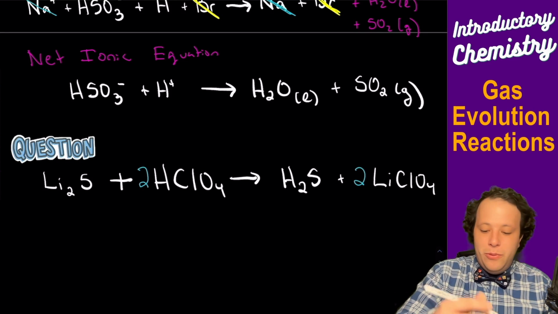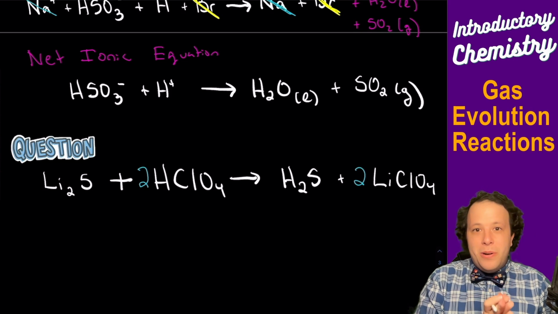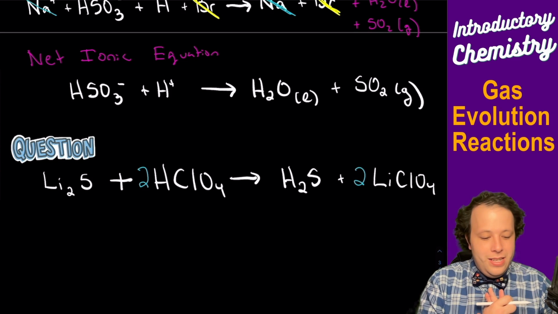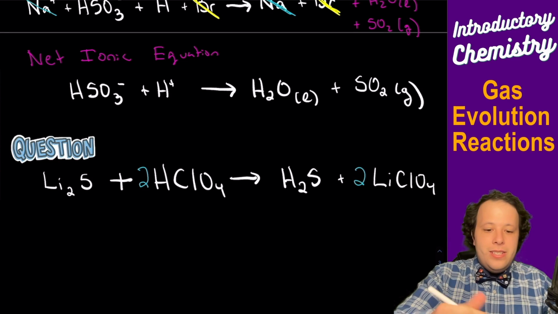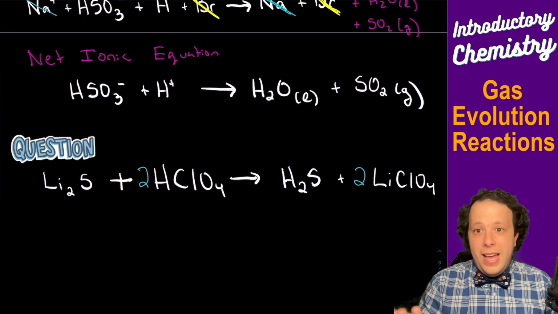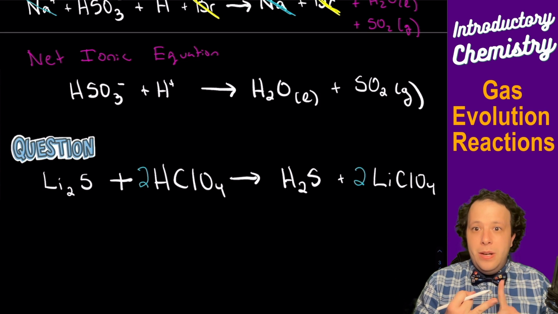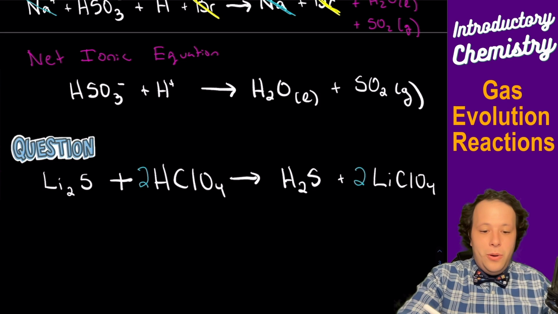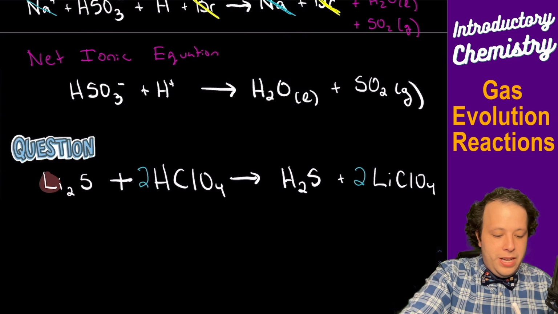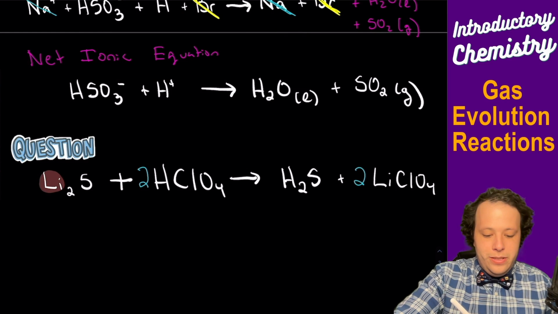All right, now I'm going to balance this for us, and if you'd like to practice balancing it, I would fully recommend it, but we're just going to look at the net ionic equation. So with this, what is soluble? Going off solubility rules, remember the abbreviation ANA: alkali metals, ammonium, nitrates, and acetates are always soluble. So by looking at this, we can see we have a lithium here, so that's soluble. Then chlorates are soluble as well.